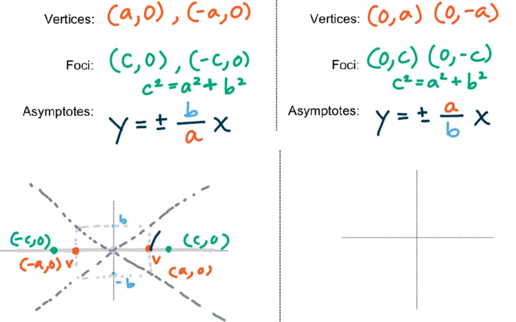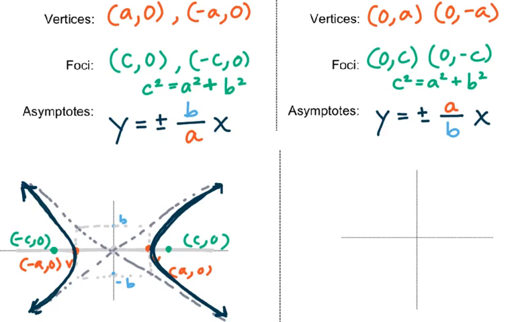And my hyperbola now is this curve which passes through each vertex and wraps around the focus. There's a lot of stuff I've drawn here that isn't necessarily on the graph, but I want you to understand what I'm doing in order to draw this, especially because you may have to draw this on a test or on a lab.